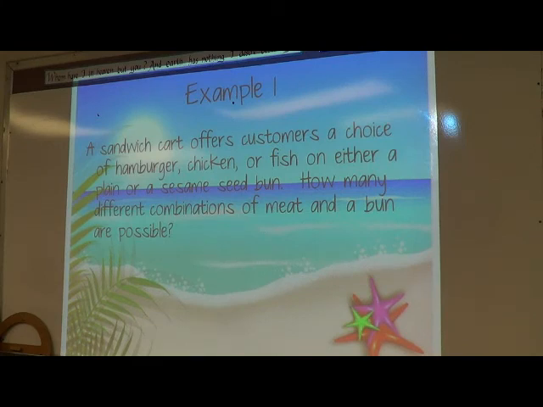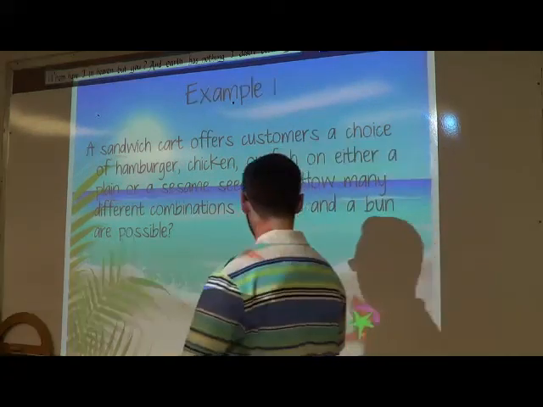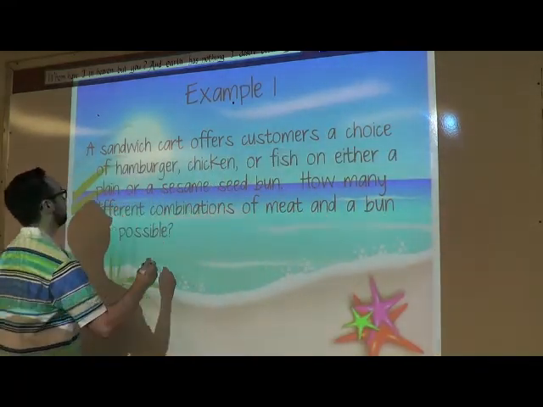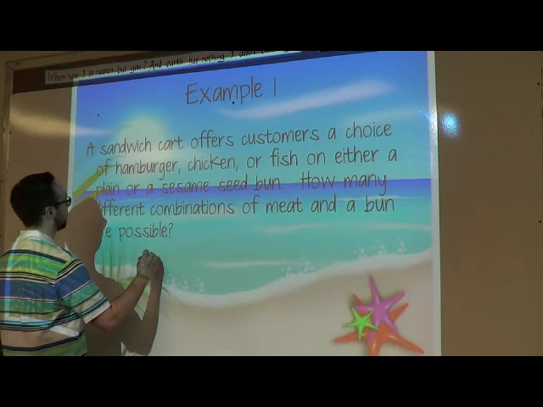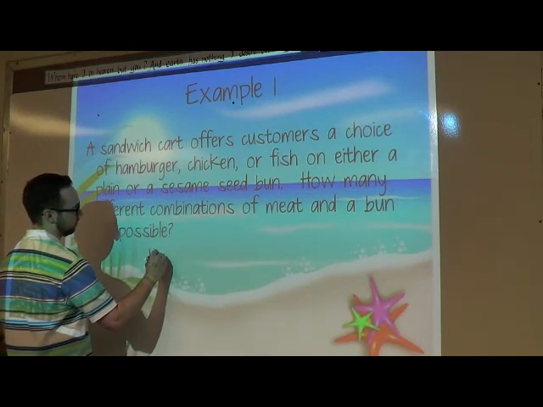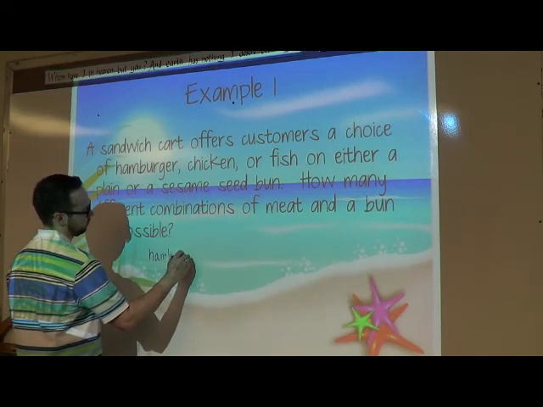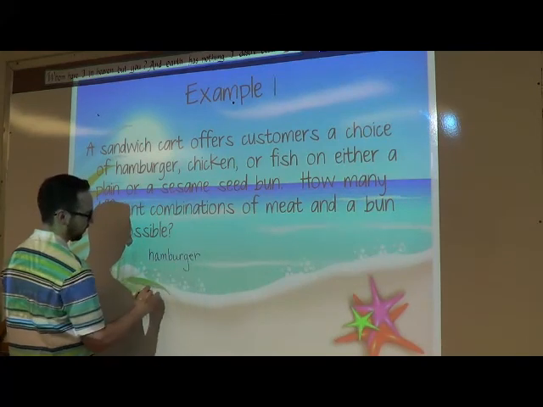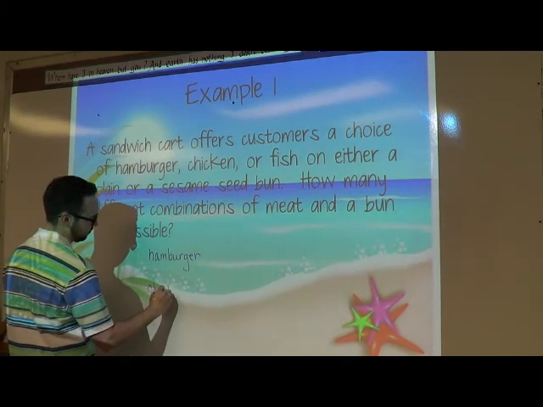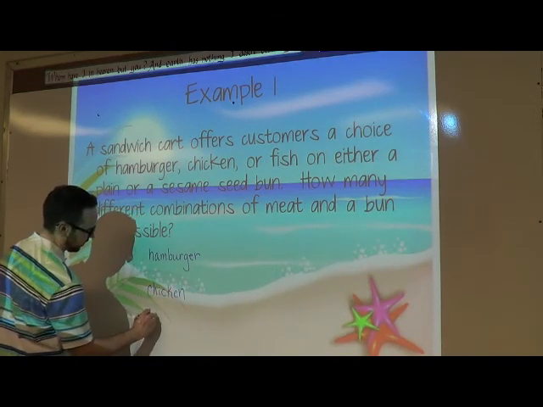It says the sandwich cart offers customers a choice of hamburger, chicken, or fish on either a plain or sesame seed bun. How many different combinations of meat and bun are possible? When we look at this, we have hamburger, we have chicken, and we have fish.